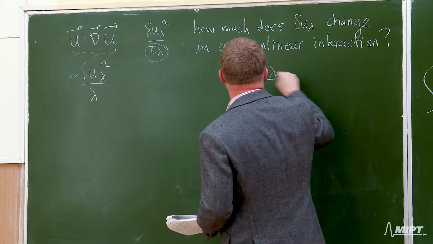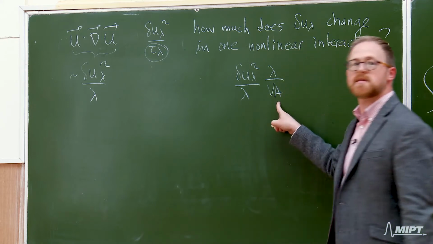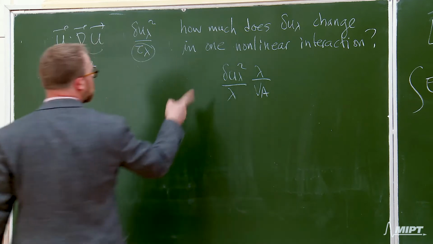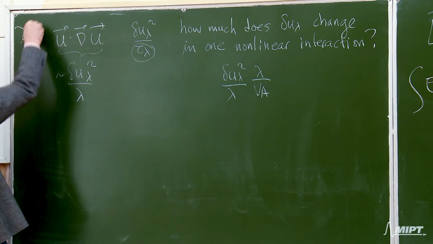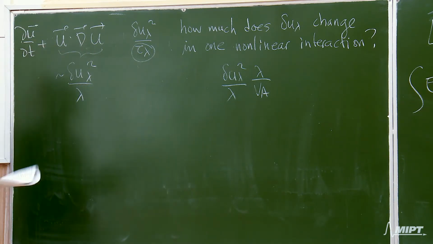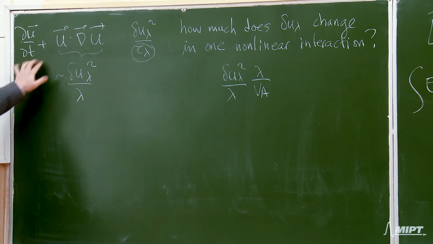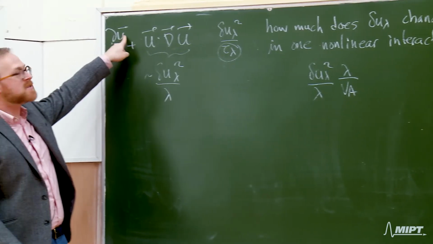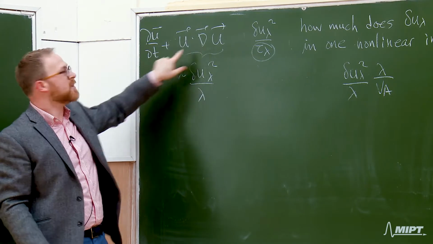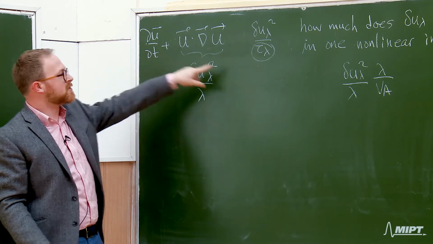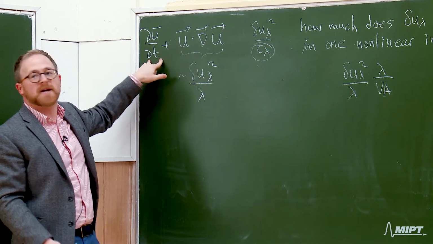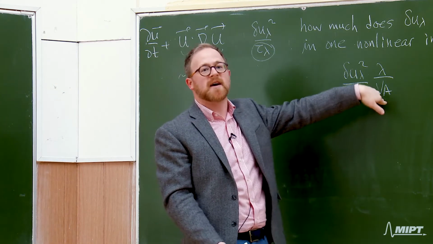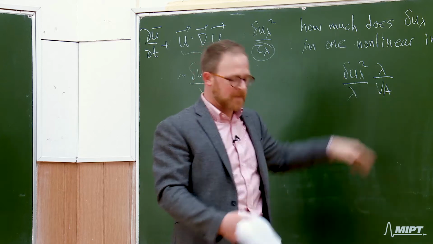And like I said, the time in the problem is this lambda over VA. And the reason to multiply by a time, remember the left-hand side of the momentum equation was dU by dt, so a linear term and the nonlinear term. And if we ask, how much does this change because of this nonlinearity in some time, it's just the size of this multiplied by some characteristic time. And the assumption is that the characteristic time is the Alfvén time. So that's the assumption.